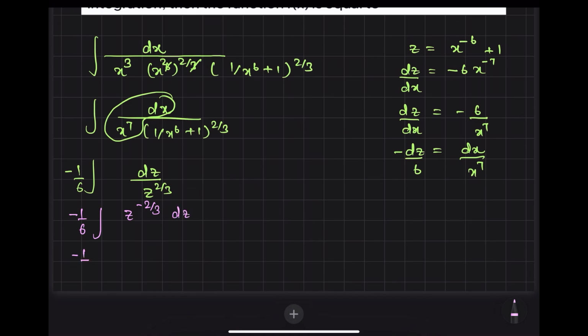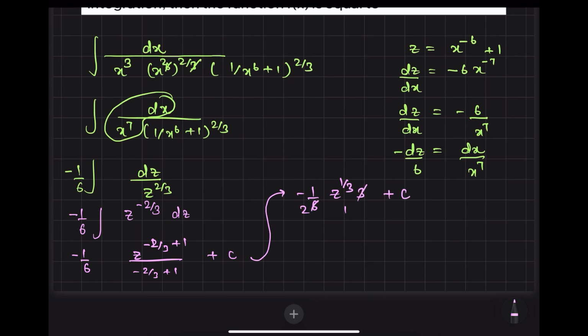Now minus of 1 by 6, z power (minus 2 by 3 plus 1) divided by (minus 2 by 3 plus 1), plus integration constant c. Now minus of 1 by 6, it is z power 1 by 3 and then 1 by 3, plus integration constant c.